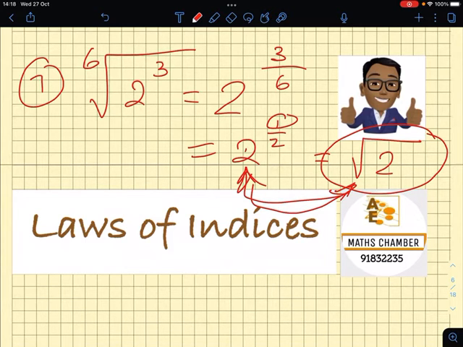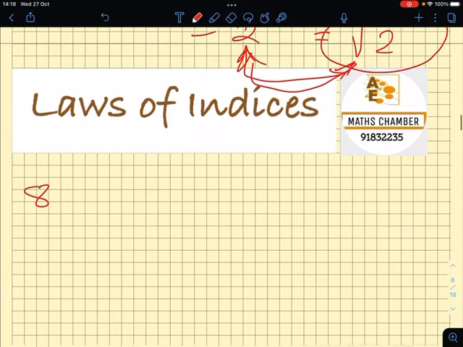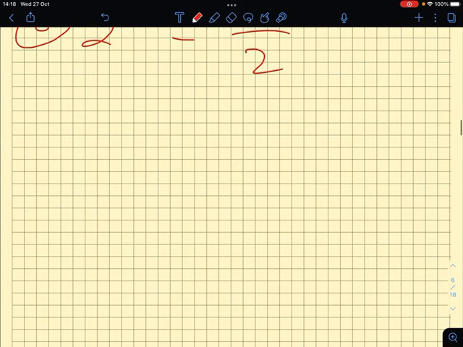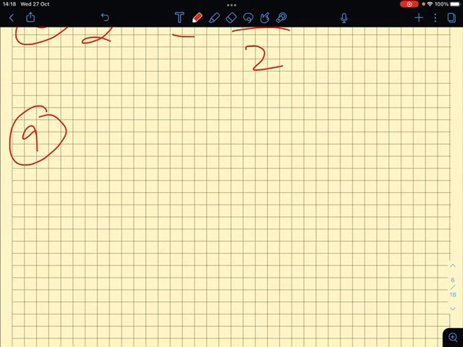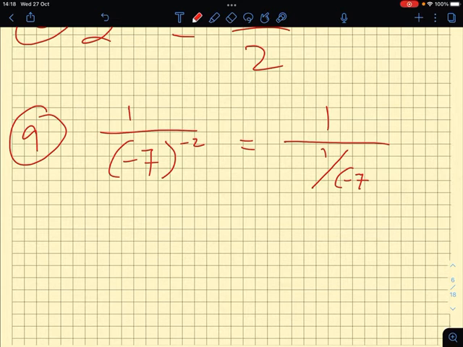Okay, number 8. We have 2 to the power of negative 1, very easy already. It's 1 over 2. Number 9. What we have is 1 over negative 7 to the power of negative 2. That will give you 1 over 1 over negative 7 to the power of positive 2.